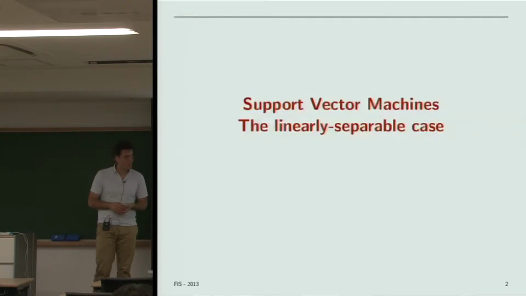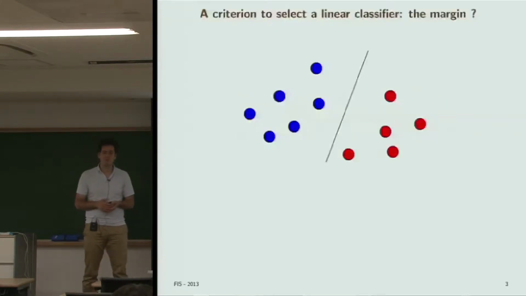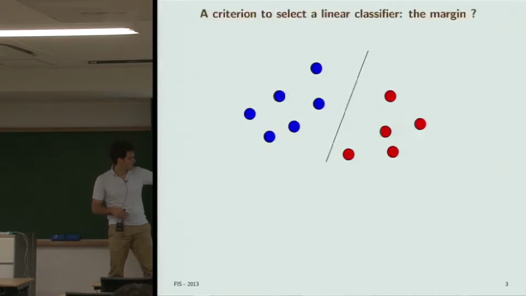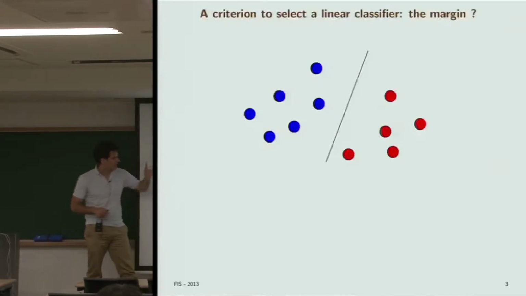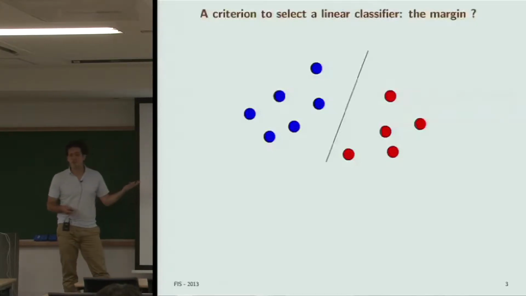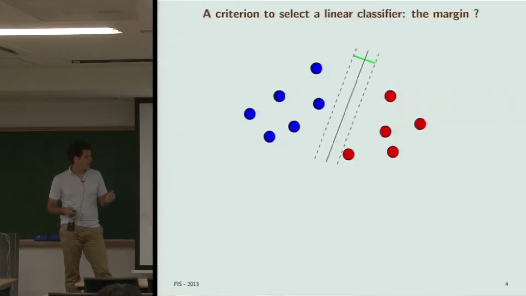So if you remember what the idea of SVMs was a few weeks ago, it was that if you have linearly separable sets of points, blue points and red points, and you can split them with a line in the middle, then there are many ways of doing so. And the support vector machine viewpoint is to maximize the margin.